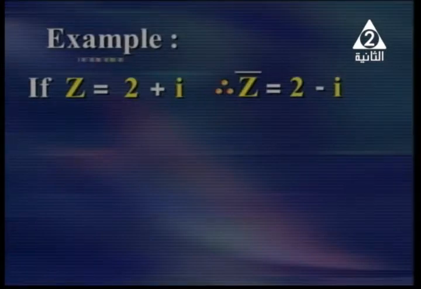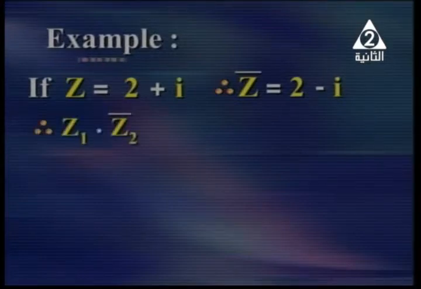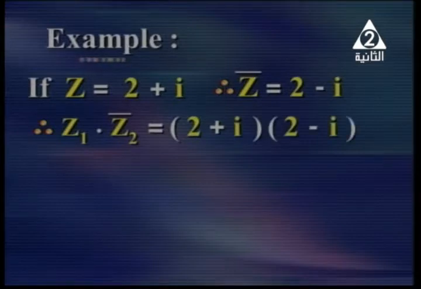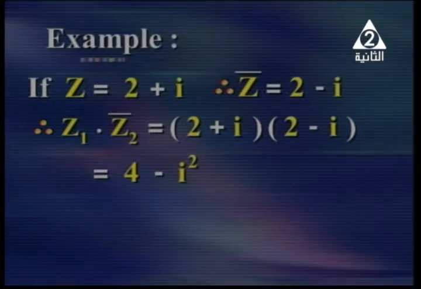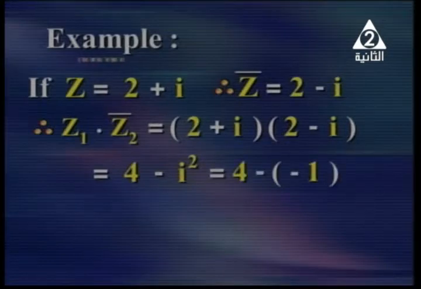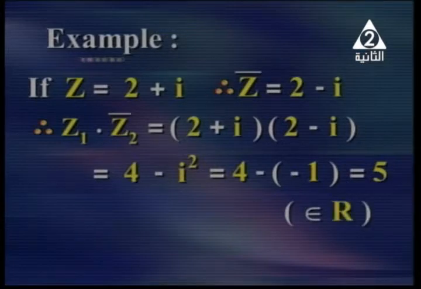We change the sign of the imaginary term. When we multiply z by its conjugate, the answer is 2 times 2, 4, then i times negative i, which is negative i squared. What is the value of i squared? Negative 1. So 4 minus negative 1 equals 5, 4 plus 1 equals 5. This number also belongs to R.